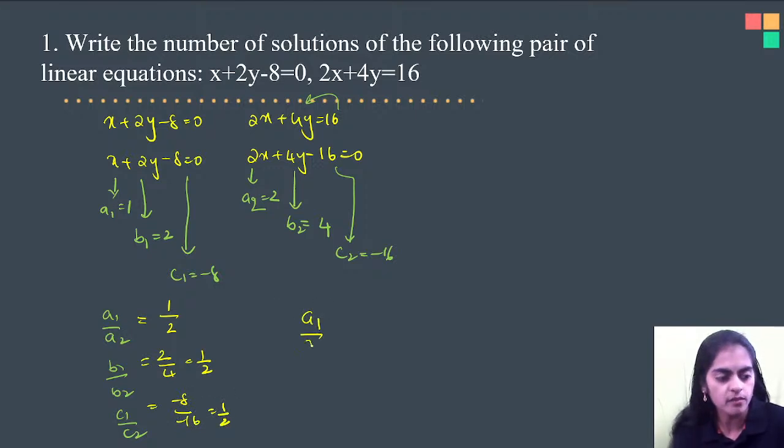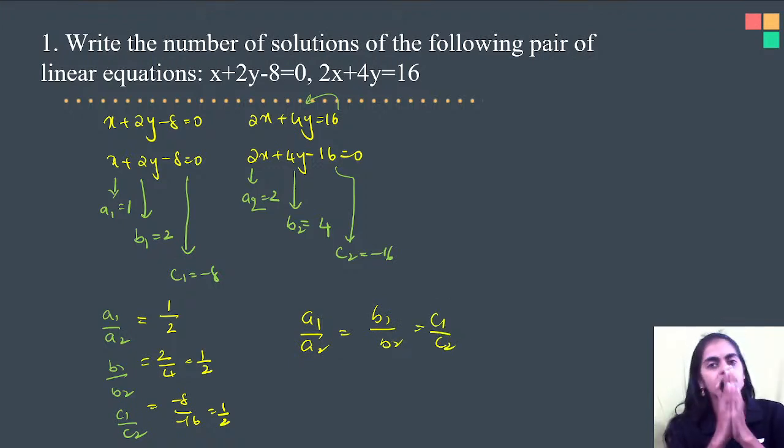So I got a1 by a2 equals b1 by b2 equals c1 by c2. When all three ratios are equal, the lines are coincident, right? And coincident lines have how many solutions? Infinite solutions. Did you all understand this?